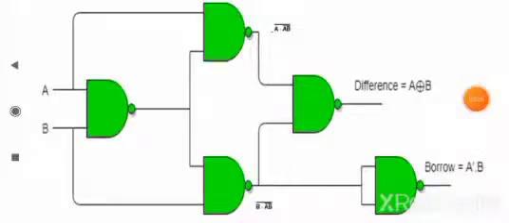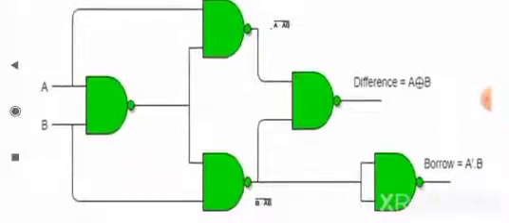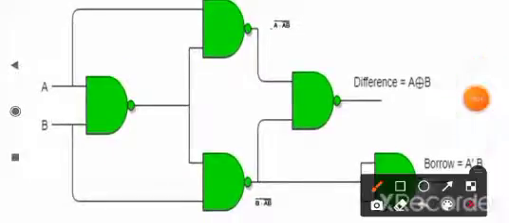What we can see is that we have to connect only a NOT gate to this one. We can connect it directly to a NOT gate, so that we get the borrow here.